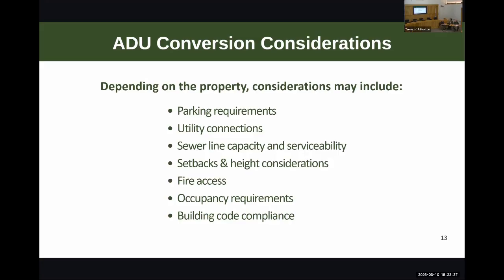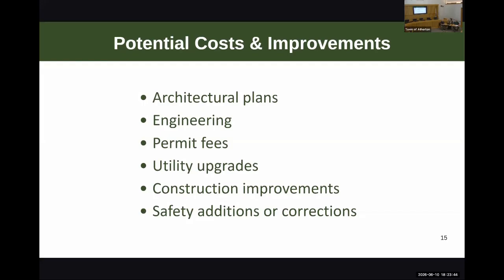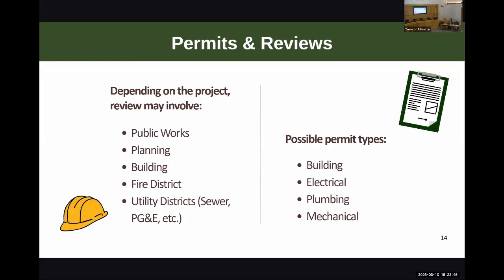Okay, so the permit and reviews, these are the different agency reviews that you would need to go through. And it depends on the project, the particulars may involve public works, planning, building. I would say it's probably going to involve planning and building as a starting point.